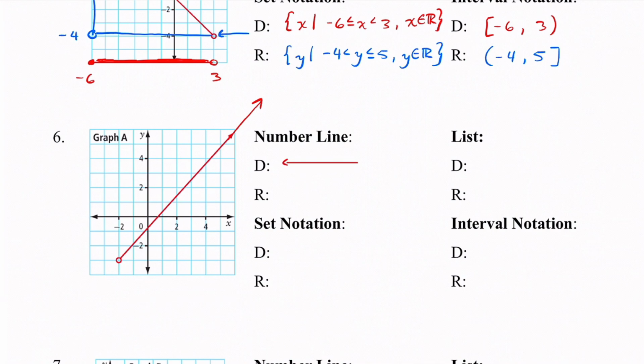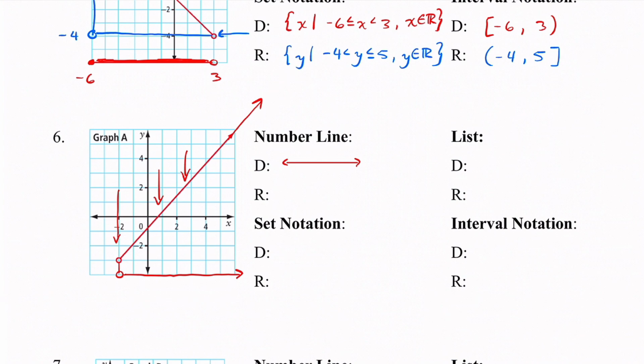put my arrows, and we're going to do our flashlight, so we're going to shine our flashlight down. Now at this point it's going to go through that and we're not going to have a shadow, so that's going to be an open dot, but all of these other points are going to create a shadow on our wall, and it's just going to keep going because this line just keeps going.